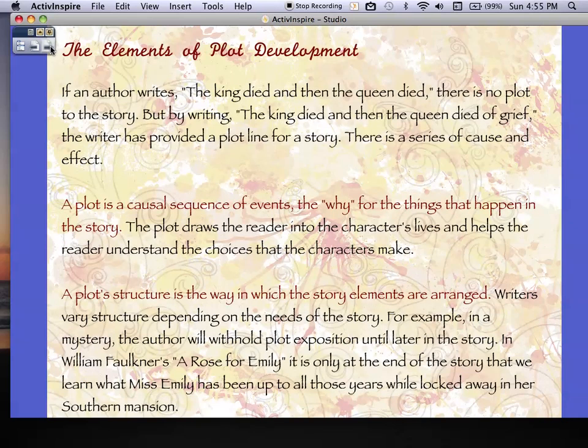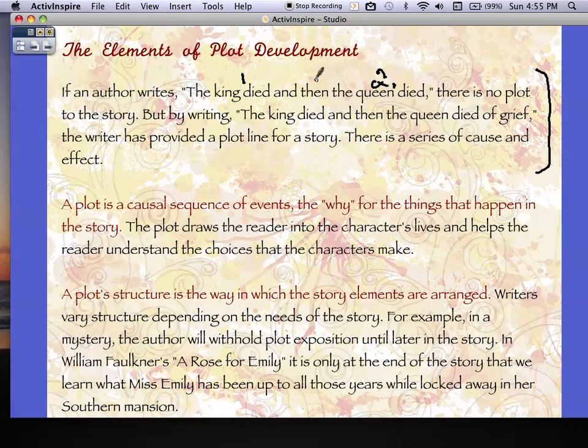This is old stuff. This is what I think might be an important review for you. Look at the difference between these two. If an author writes the king died and then the queen died, well, there are events there. Event 1 is the king died. Event 2 is the queen died.